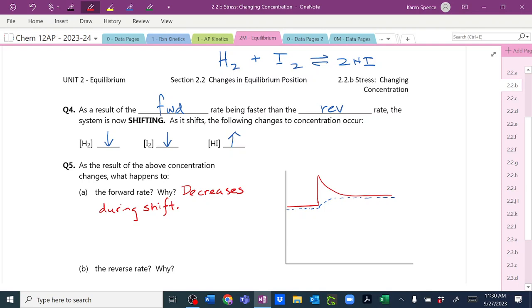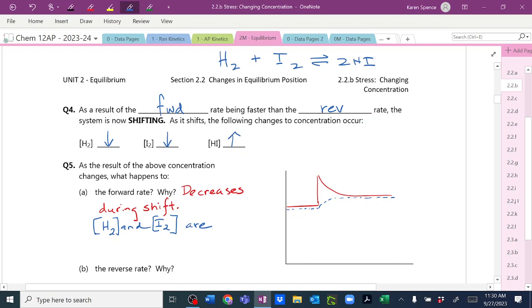Forward rate decreases because all of it's getting used up, and it shifts to the right. All of what's getting used up? The H2 and the I2, and there's more 2HI, there's more HI concentration. And so the forward rate decreases. What's happening to H2 and I2?